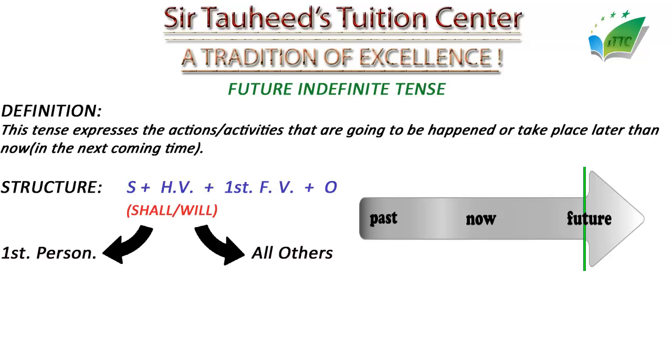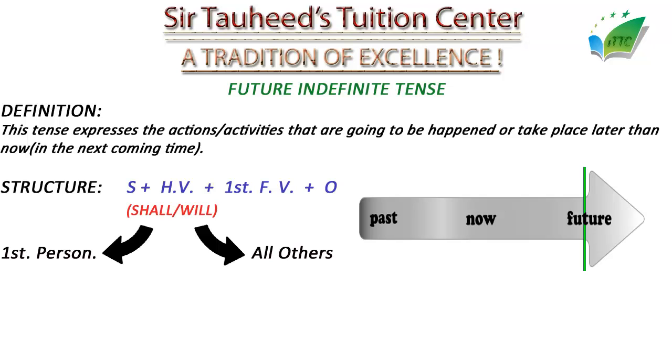Now let's understand the usage of shall and will, when to use shall and when to use will. So guys, remember, whenever the subject is first person we use shall, such as I shall, we shall. I and we are known as first person subjects.